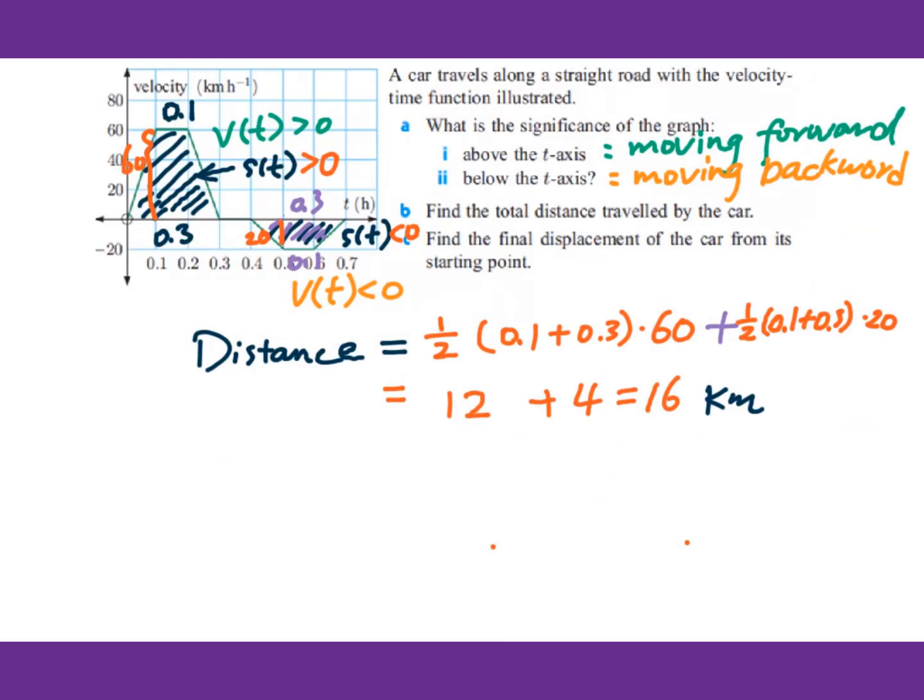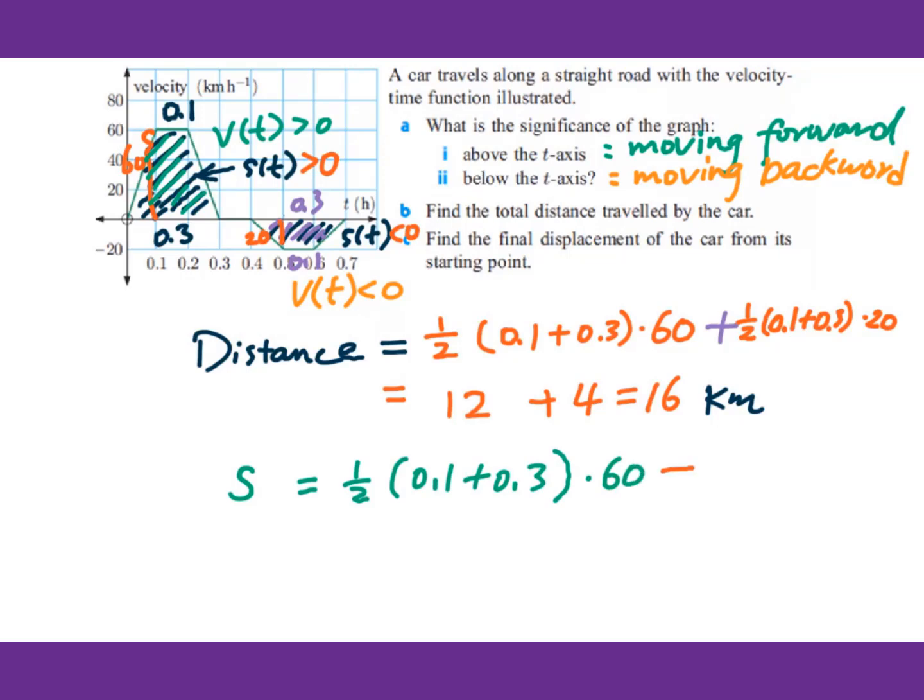Now let's go to C. Find the final displacement of the car from its starting point. Let's use S to stand for that. You will still get the area for this: 1/2 times 0.1 plus 0.3 times 60.